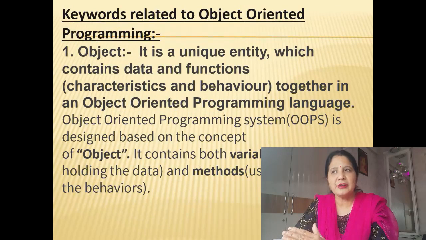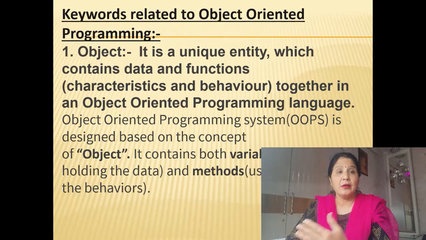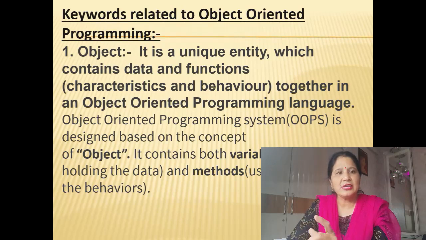Now, keywords related to object-oriented programming. First keyword is object. What is an object? An object is a unique entity which contains data and function. Data and function means characteristics and behavior together in an object-oriented programming language.